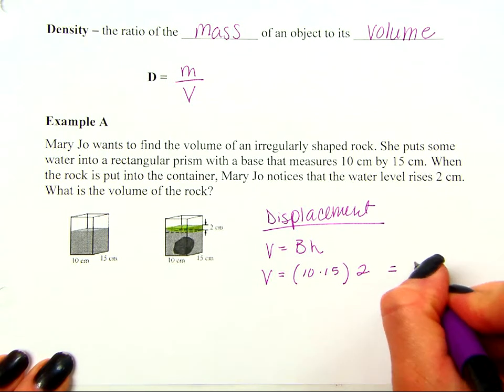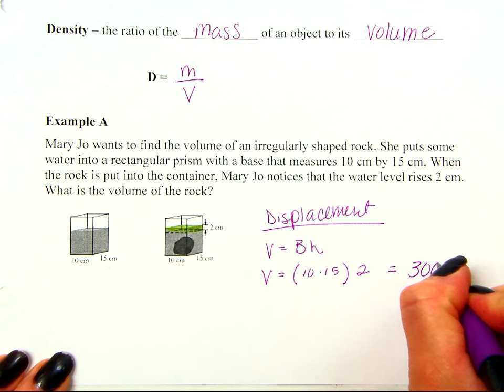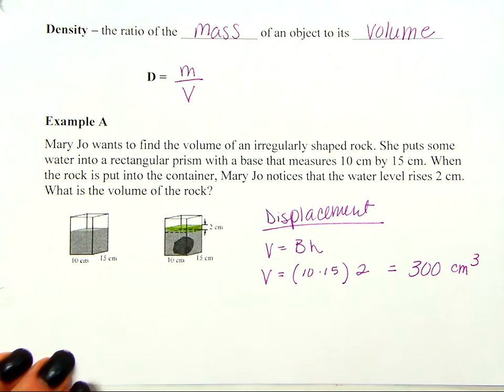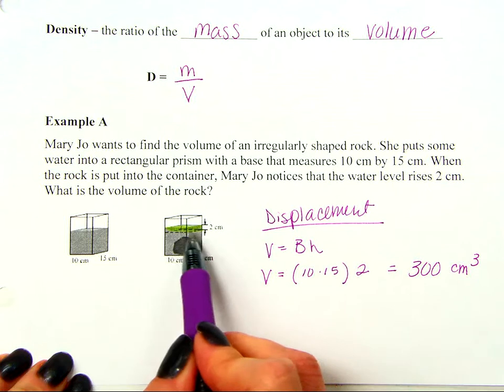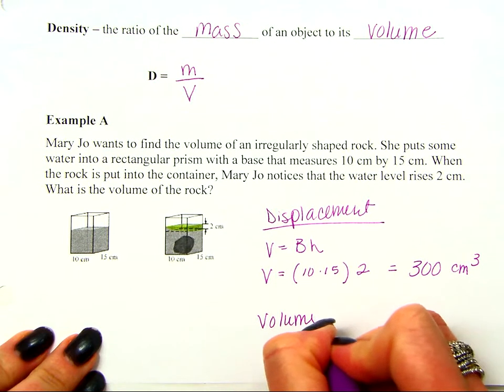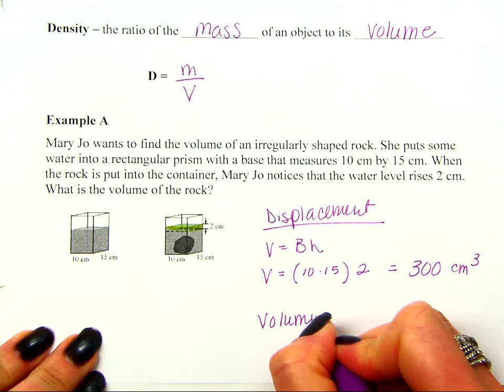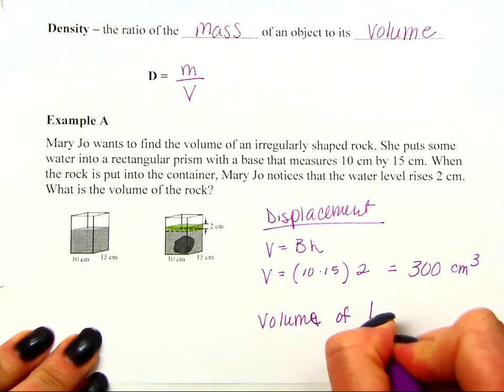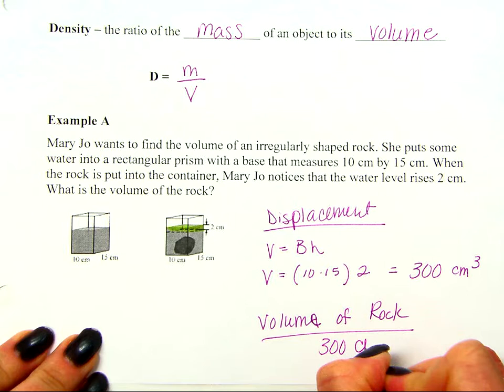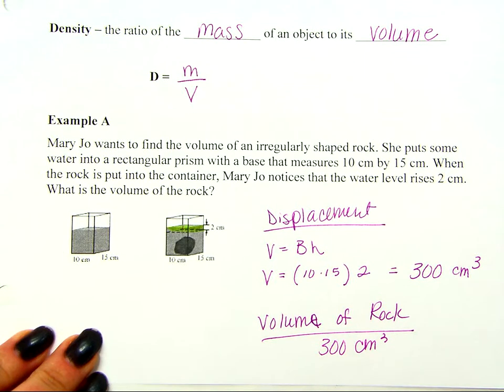When we multiply those together, we get 300 cubic centimeters. What does that mean? That is the volume of this water, but it's also the volume of our rock. Our rock has a volume of 300 cubic centimeters.